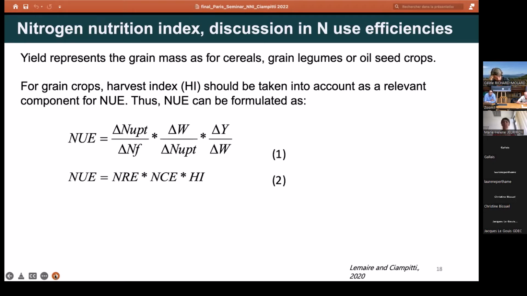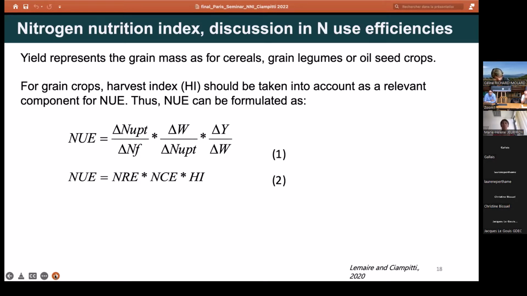I just have different equations. I'm presenting the most common. You can take NUE as a part of the yield, divided by N uptake or N fertilizer application, and you can divide it into multiple components if you want. You can look at the first one, the recovery efficiency, how much fertilizer you recover as a part of your uptake. You can look at the conversion, how well you convert this uptake into biomass.